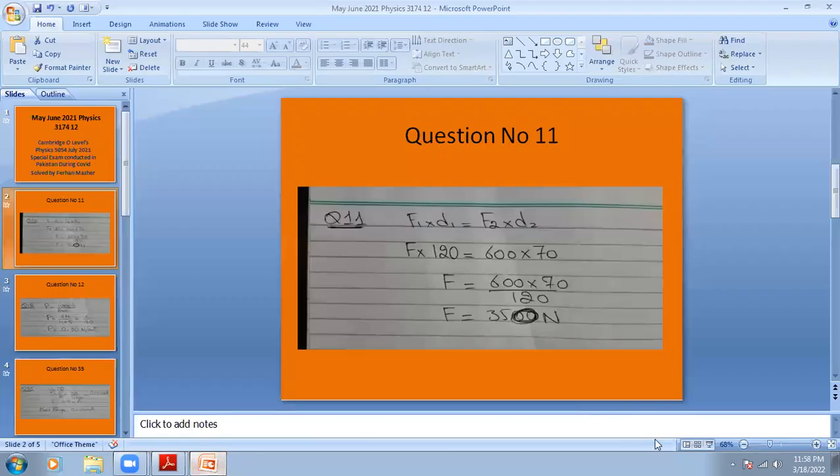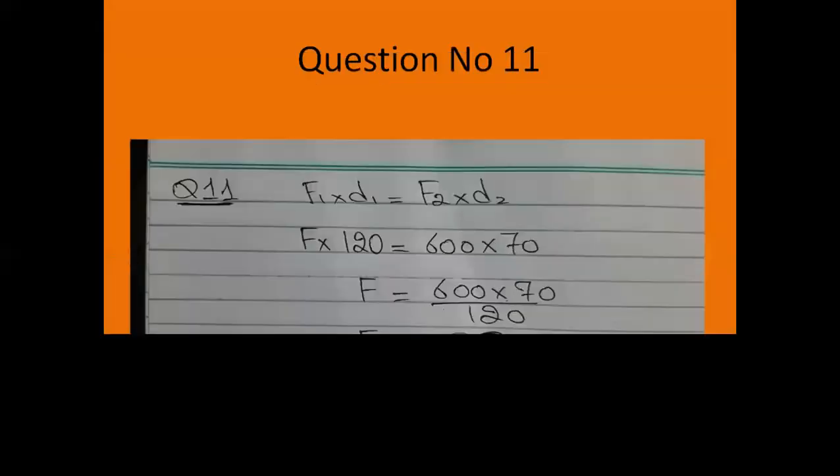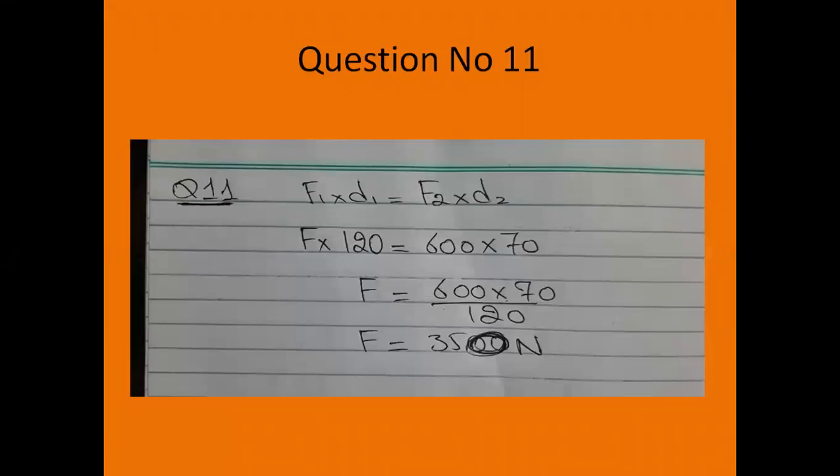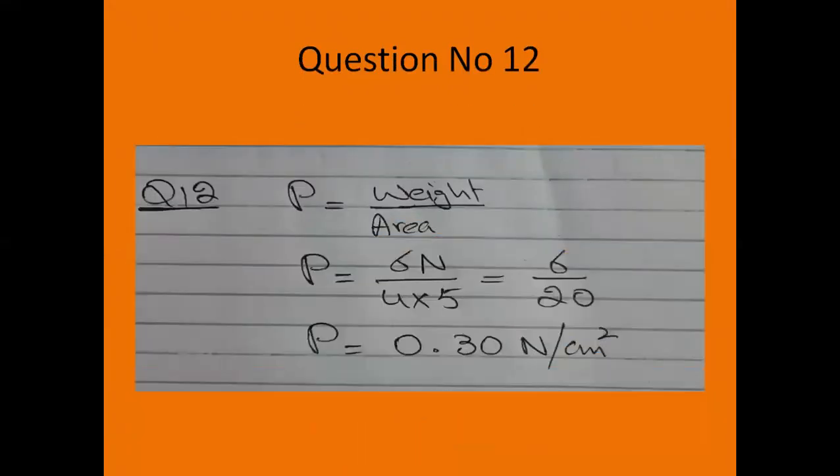So let me show you how this is done. This is question number 12. So the pressure is equal to weight divided by area. So pressure will be equal to 6 Newton divided by area, which is 4 into 5 centimeter square.